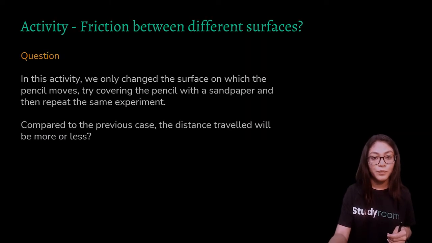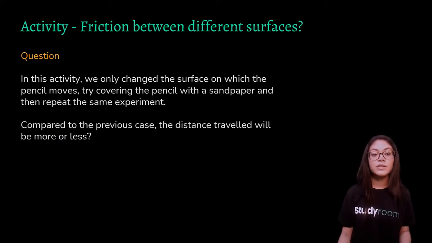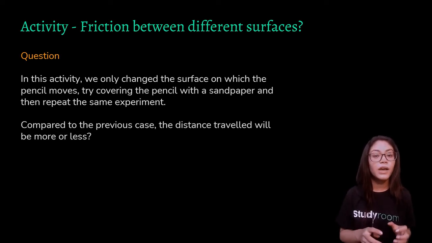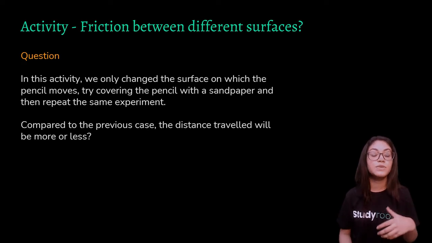Now let's move on and answer this question. We saw the activity. In this activity, we only changed the surface on which the pen moves. Now try covering the surface with a sandpaper which is more coarse. That means it will have more force of friction, and we repeat the same experiment.